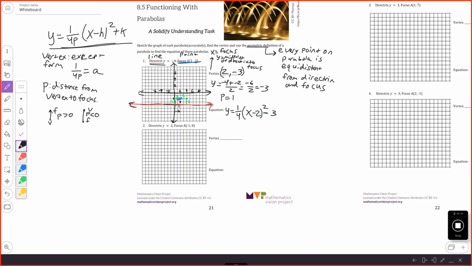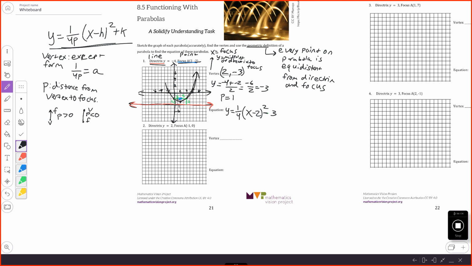That's my mistake, it's minus 3. Same with 0. Let's think of another one. Let's go 6. 6 minus 2 is 4, 4 squared is 16, 16 divided by 4 is 4, 4 minus 3 is 1. So 6, 1, and negative 2, 1, same thing. So my parabola looks something like that.